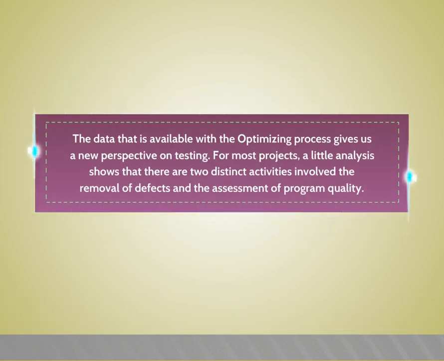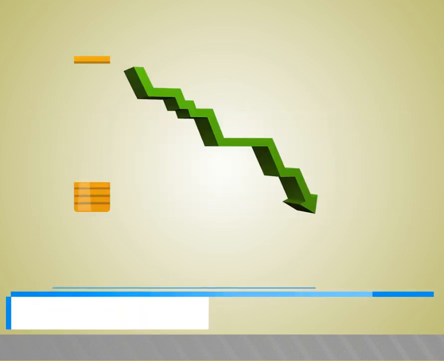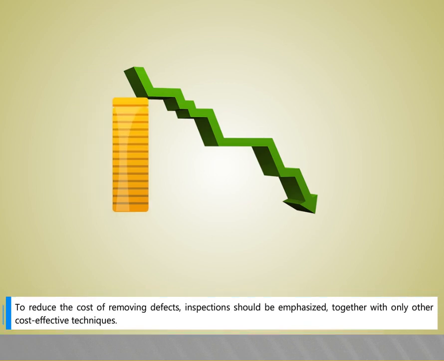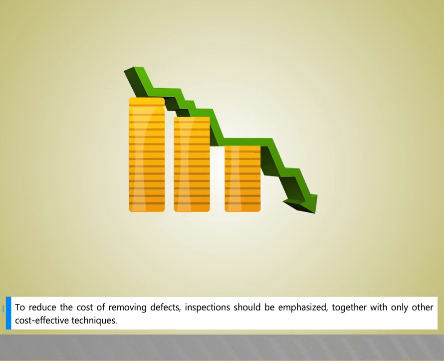The data that is available with the optimizing process gives us a new perspective on testing. For most projects, a little analysis shows that there are 2 distinct activities involved: the removal of defects and the assessment of program quality. To reduce the cost of removing defects, inspection should be emphasized together with other cost-effective techniques.